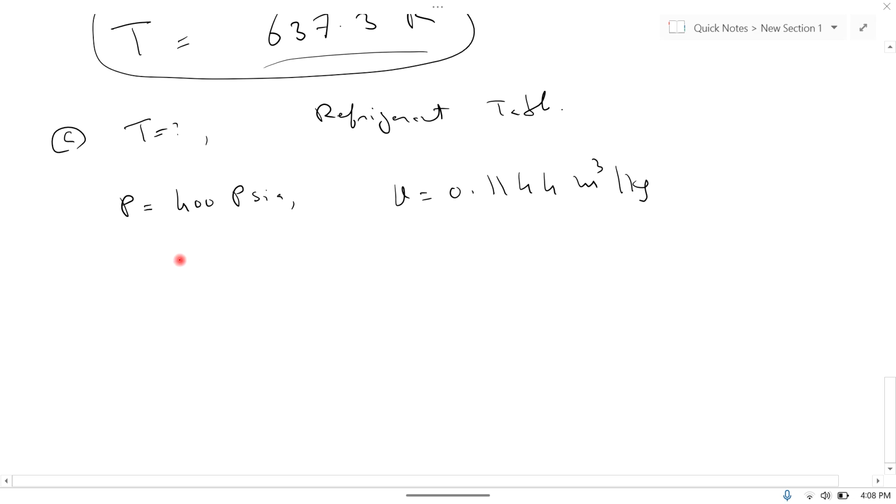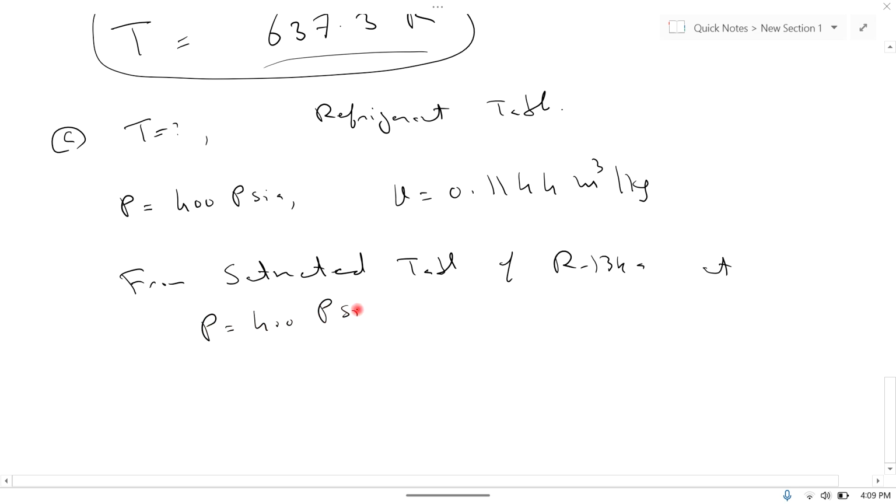So first we check whether our properties are in the wet region, mixed region, or in the superheated region. So from the saturated table of R134A, at pressure equal to 400 psia, find Vf and Vg.